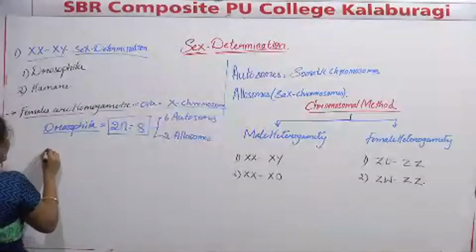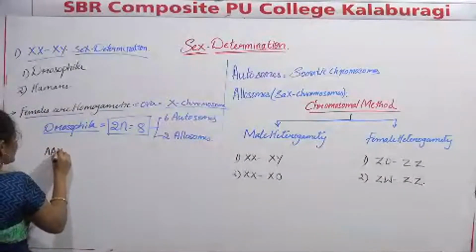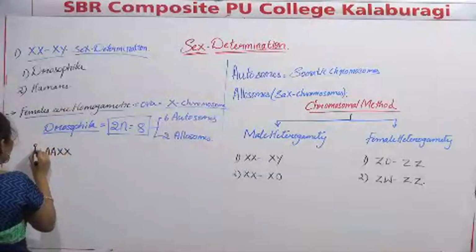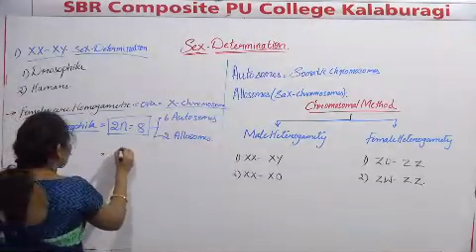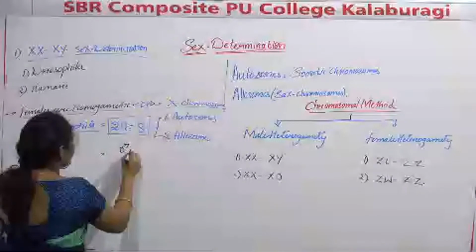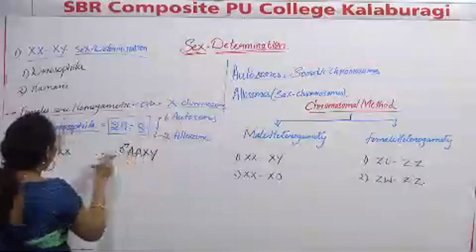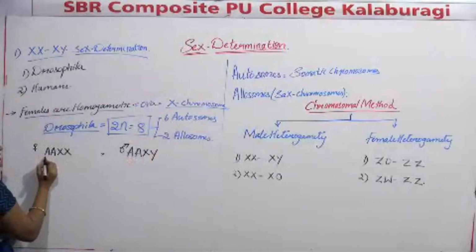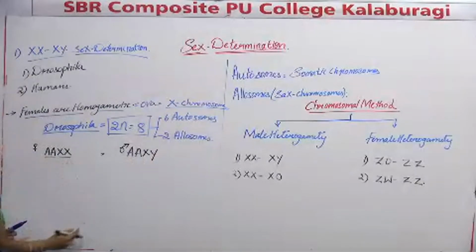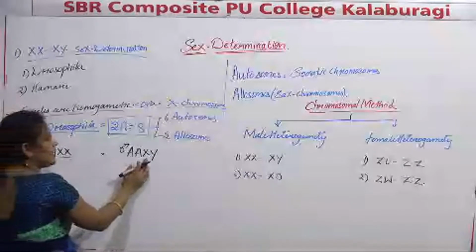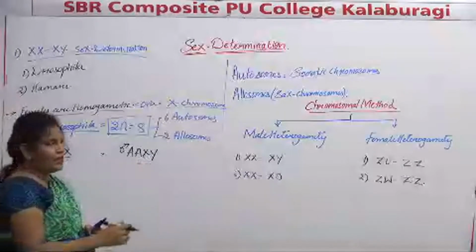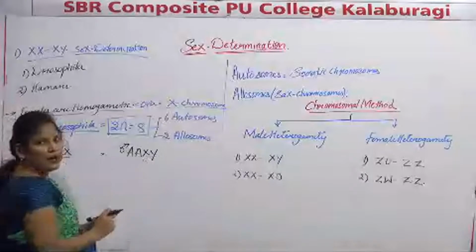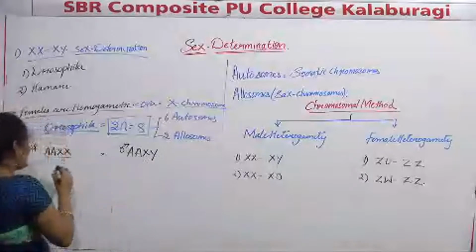See here, AAXX are females and they are crossed with males which are AAXY. In the karyotype of the female, AA are autosomes and XX are allosomes. AAXY is seen in males.